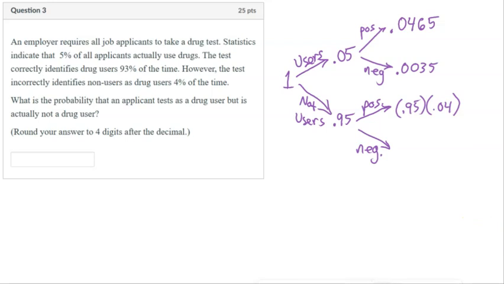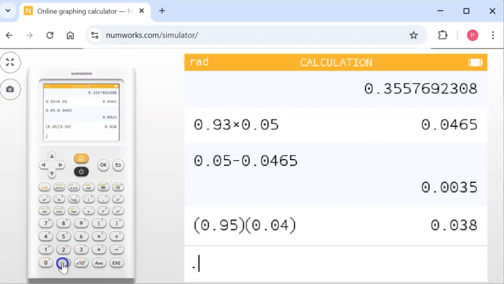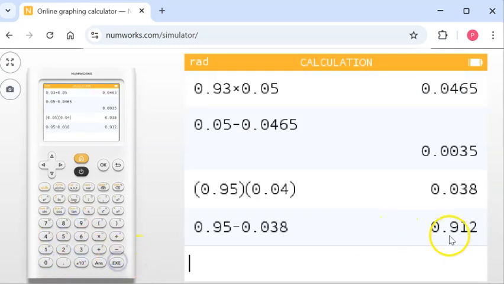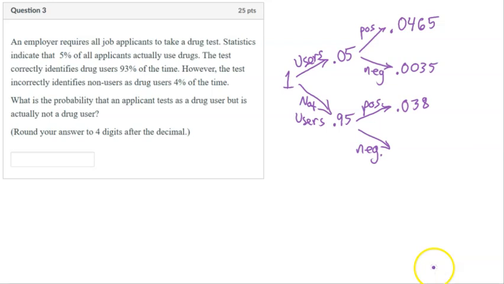So let's erase here, and we'll put in 0.038, and then to get this number here, we're just going to do 0.95 minus 0.038. That gives us 0.912.